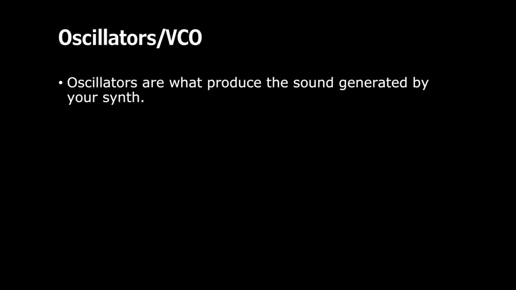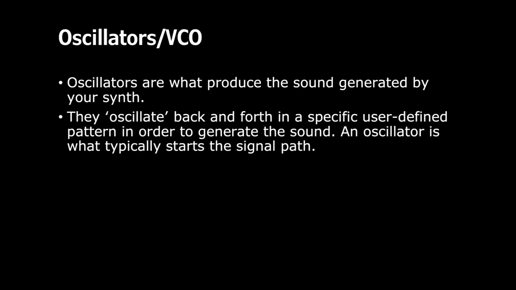So we'll start off at the start of the signal chain with our oscillator, also sometimes called a VCO. So oscillators are what produce the sound generated by your synth. They oscillate back and forth in a specific user-defined pattern, also known as our waveform, in order to generate the sound.